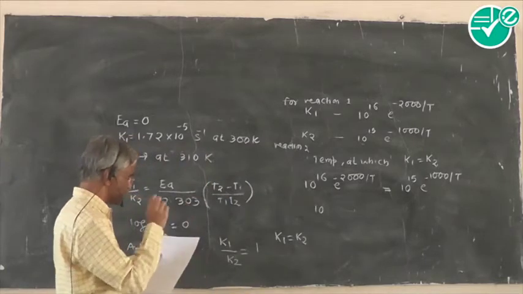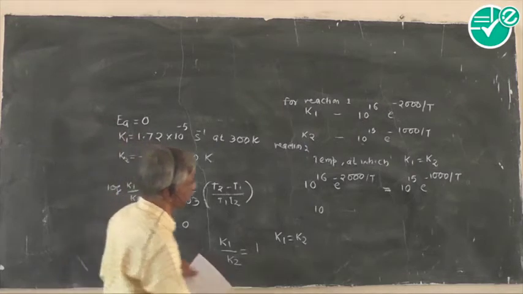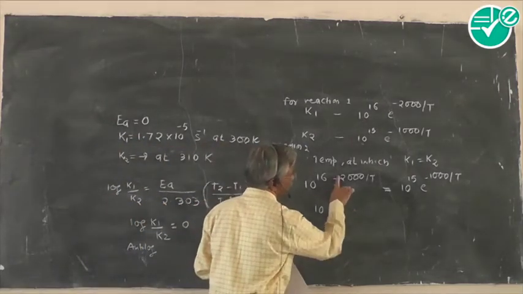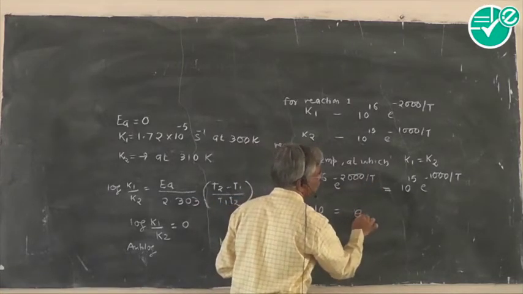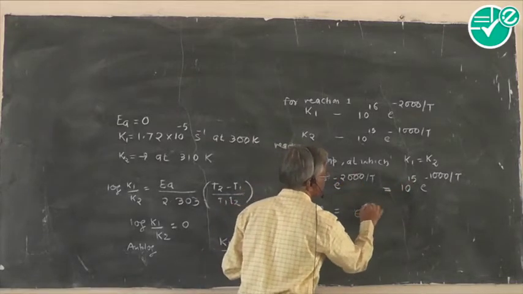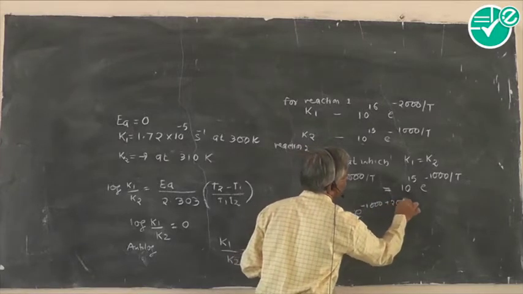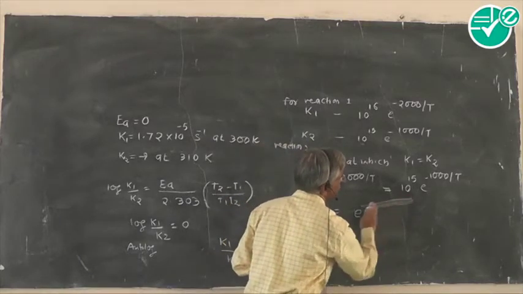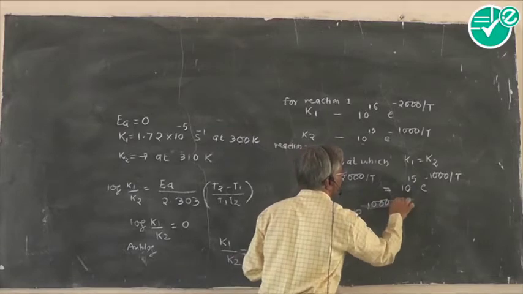Now convert the exponential nature: take this on that side, you can write e raised to minus 1000 plus 2000 upon T, and for simplicity, this will be equal to 1000 upon T.